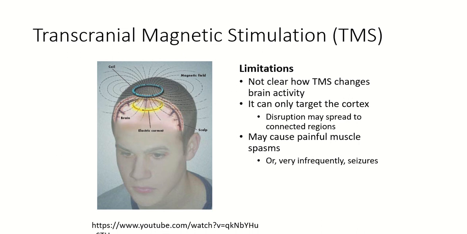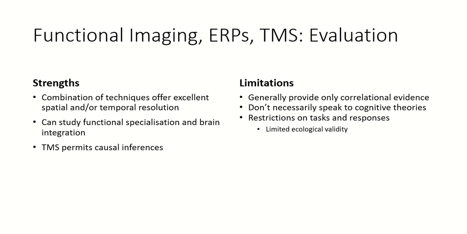So if you want to think about all of these techniques, functional MRI, EEG, TMS, what's nicest is that if you combine different techniques, you can get both high spatial and temporal resolution. You can get very precise recordings both in terms of time, when something is happening, as well as in terms of space, where something is happening.